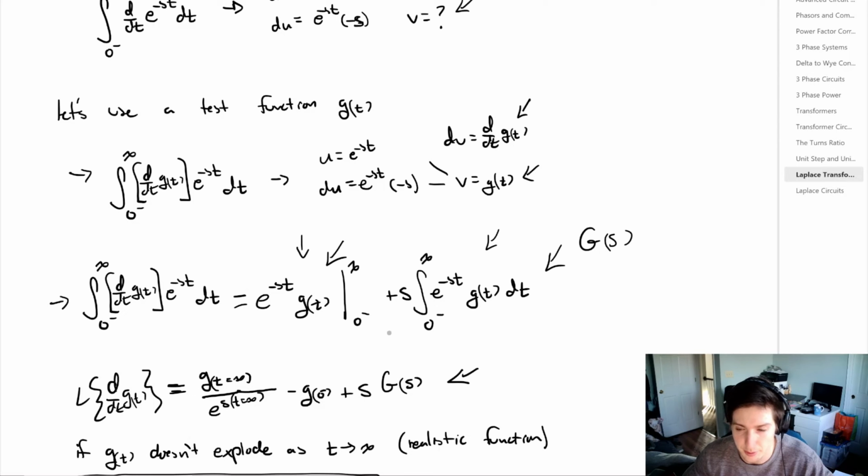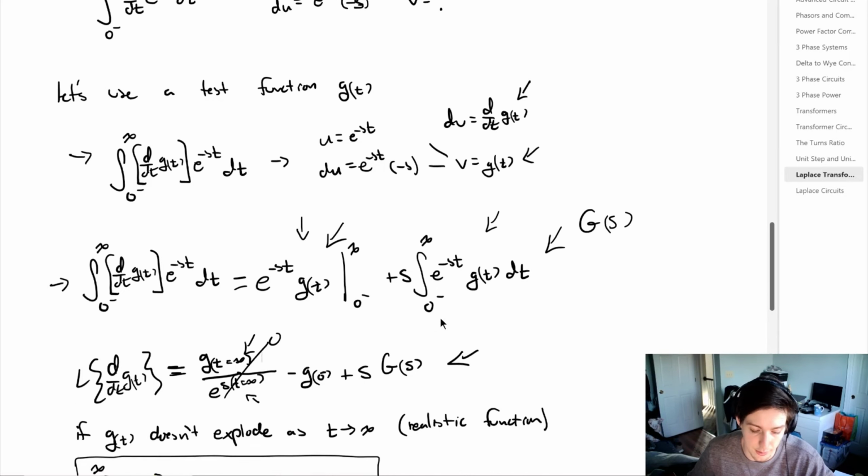This is where things maybe get a little bit abstract, and we're going to assume that g of t doesn't explode as t goes to infinity. So it's a realistic bounded function per se. So that being said, at the case of t going to infinity, we know this exponential is going to blow up, but if this g of t doesn't blow up, this term goes to 0.